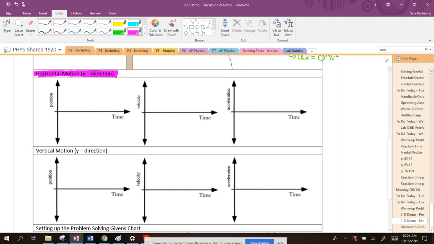I want you to use the picture you drew and see if you can draw the position, velocity, and acceleration versus time graphs just for the x motion. It's a lot like a buggy traveling along a floor, or a bowling ball traveling along a floor. See if you can do that. Talk to your table mates. Try it. Use the physics that you know, because you know this.